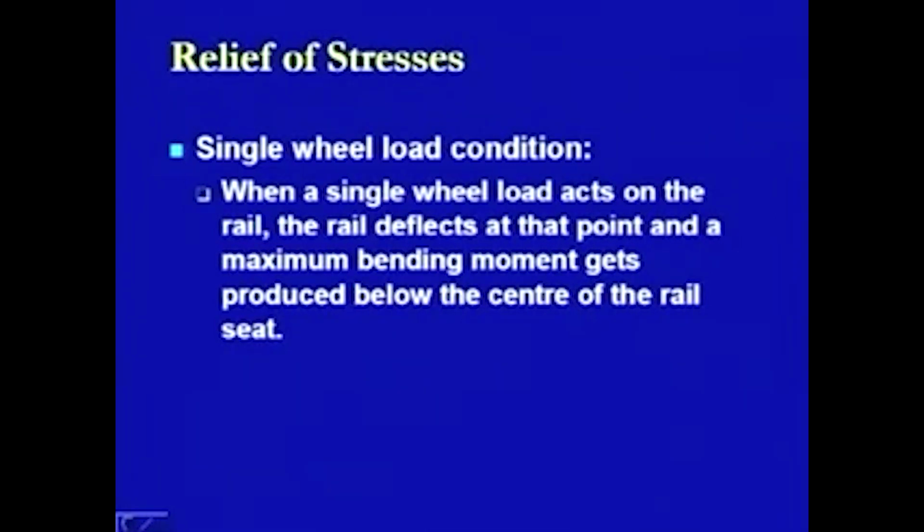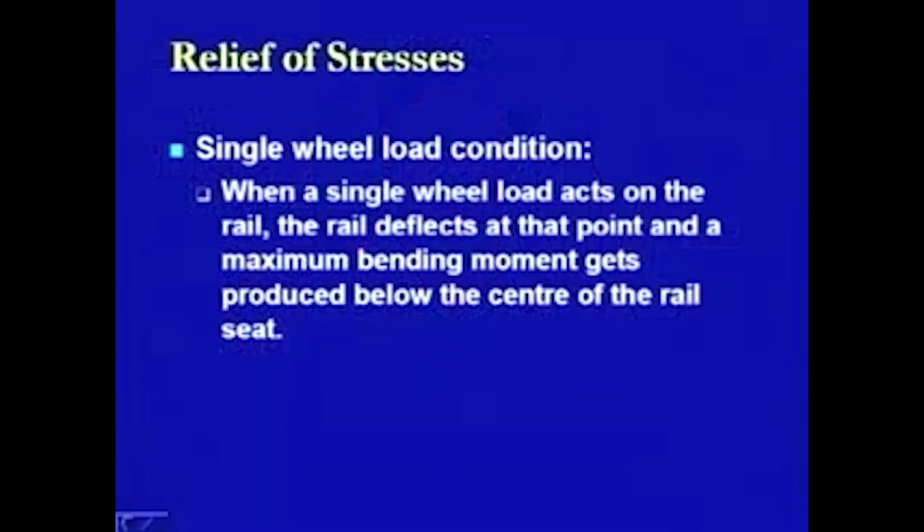In that sense, there will be multiple wheels coming one after the other on the track. So, first of all, we will look at the simpler case where there is only a single wheel load coming from the top, and then how the bending moments are induced in this one and what is going to happen as far as the relief of stresses is concerned.